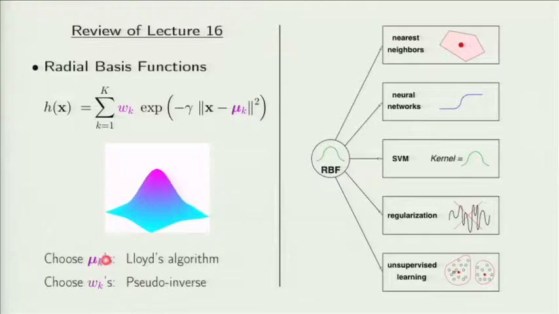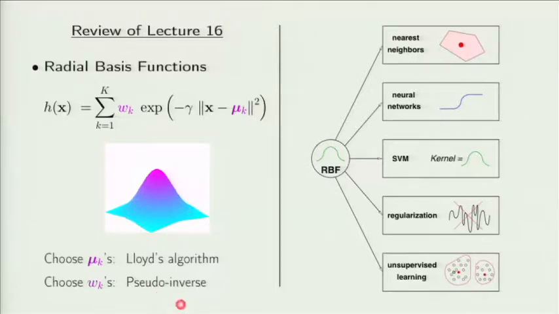And after you do that, it becomes a very simple linear model where you get the wk's, the parameters, using the usual pseudo-inverse. And in the other case, where we used as many centers as there are data points, and the centers were the data points, there was obviously no first step. And in that case, in order to get the wk, we actually use the real inverse rather than the pseudo-inverse.